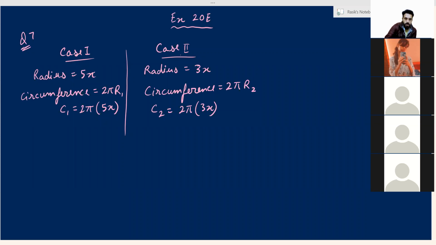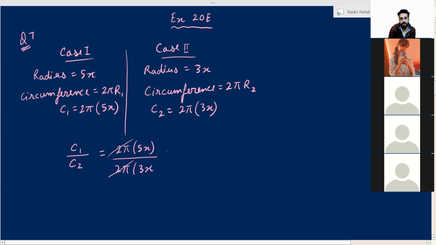Okay. So now to find the ratio of the two circumferences, we will first form a fraction C1 upon C2. This will give you the ratio of the two circumferences. So C1 upon C2, that means 2 pi into 5x upon 2 pi into 3x. 2 pi cancelled.